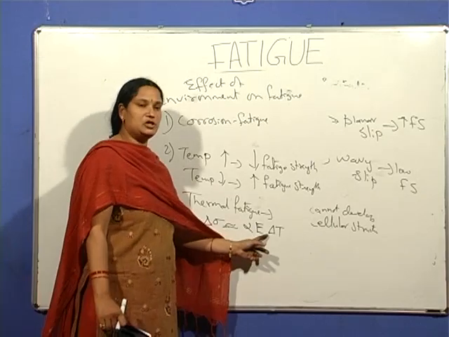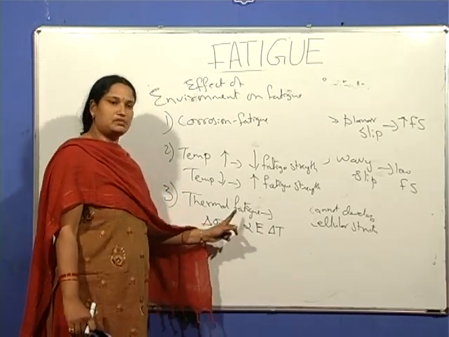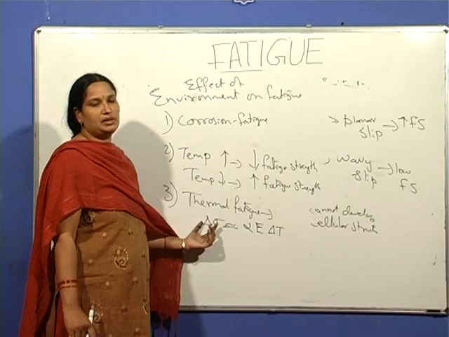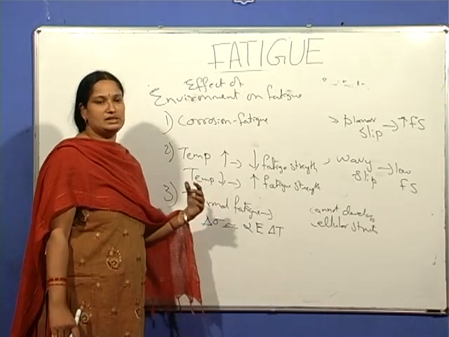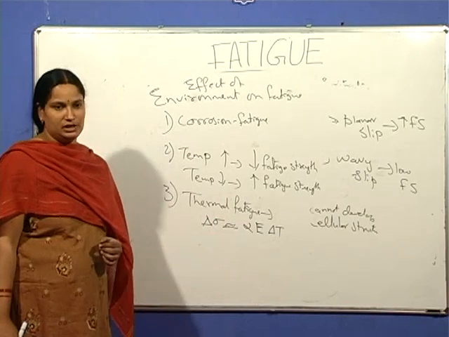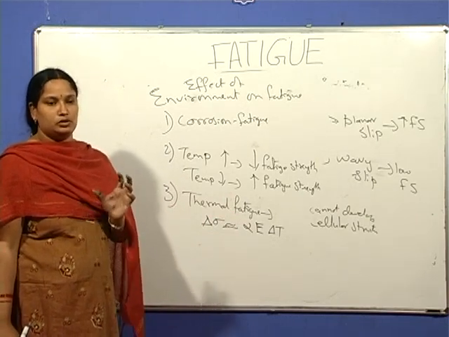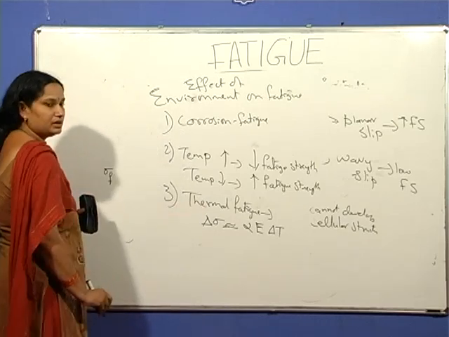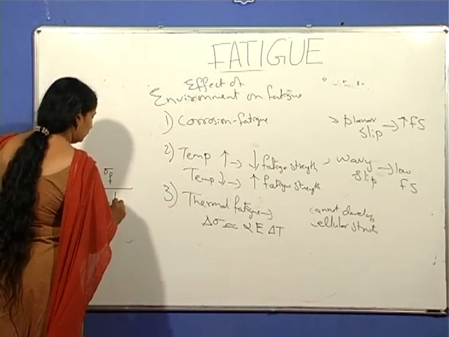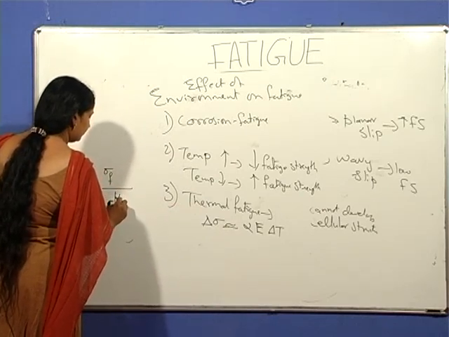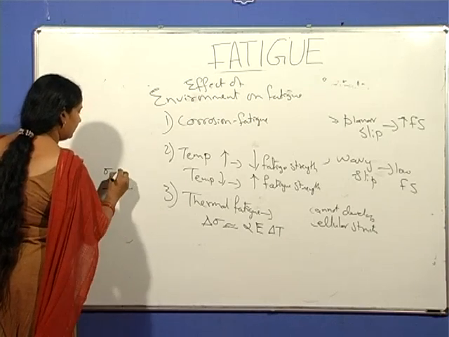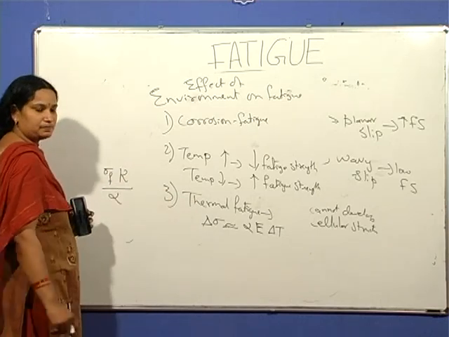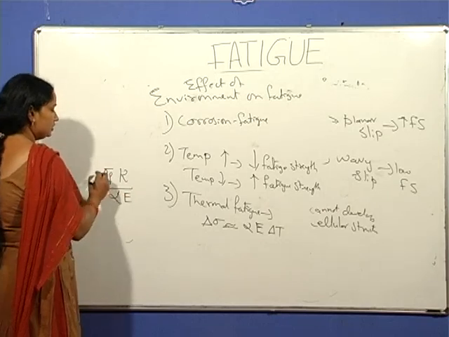If the variation in temperature is very large, the coefficient of thermal expansion is very large, and the Young's modulus of the material is very large, the stresses developed in the material are also very large, and the material is subjected to thermal fatigue failure. So for a material to have good resistance to thermal fatigue, it should have a high fatigue strength, a high thermal conductivity, a low coefficient of thermal expansion and a low Young's modulus.